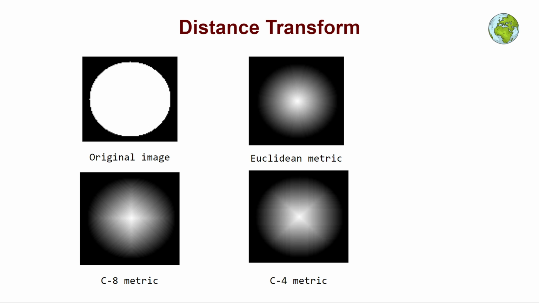There are many distances that can be expressed in different ways, and we can choose one to apply the distance transform. Examples are the Euclidean distance, the cosine distance, the Hamming distance, or the Manhattan distance. There are more, okay?